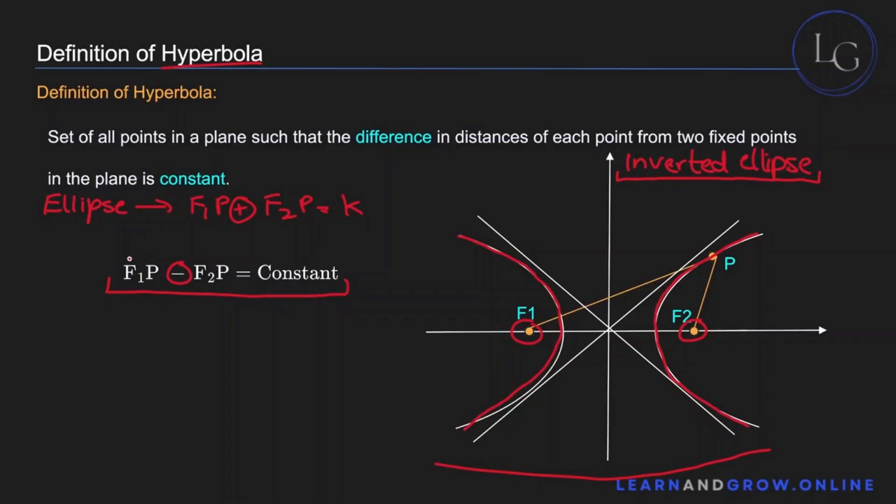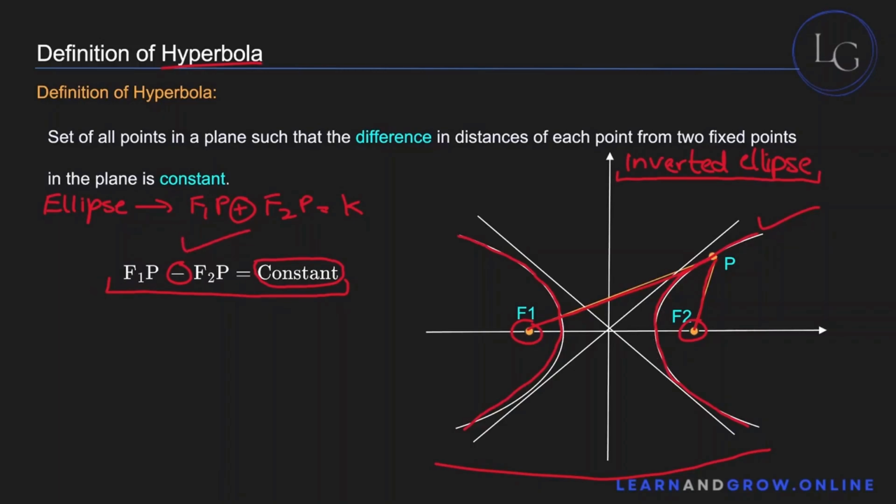Now again, this equation, what does it mean? Well, if you subtract this distance from this distance, it will always be a constant in case of a hyperbola, right? So if you take any point on this hyperbola, this equation will hold true.